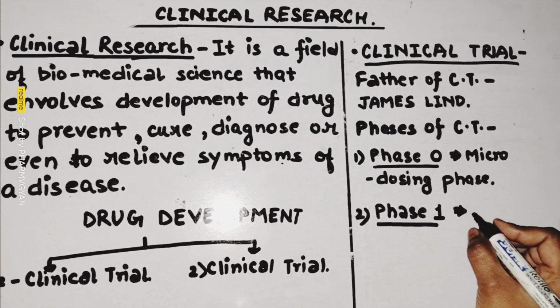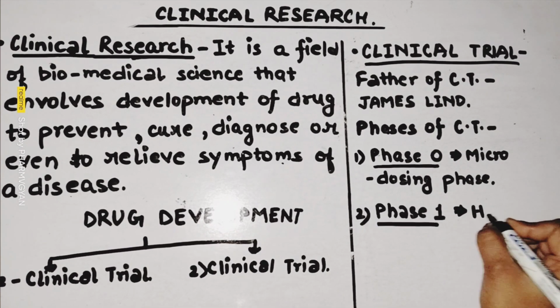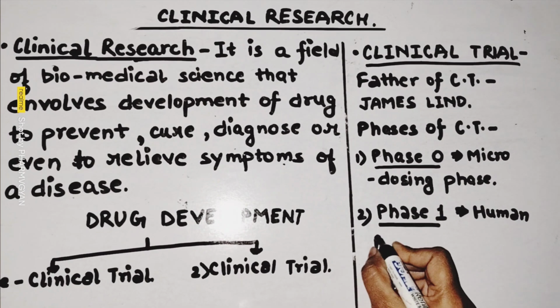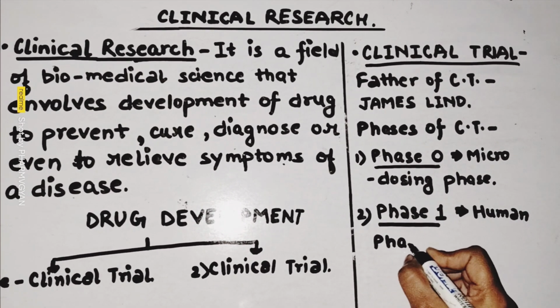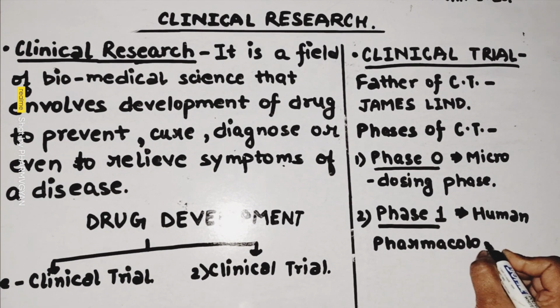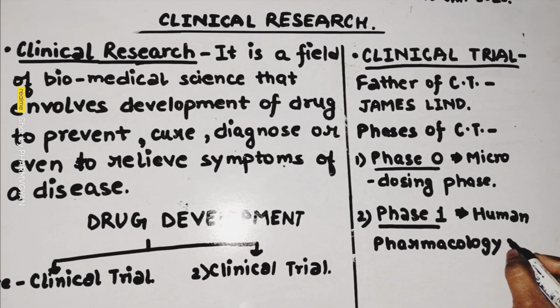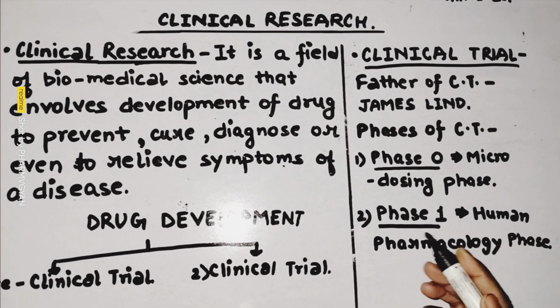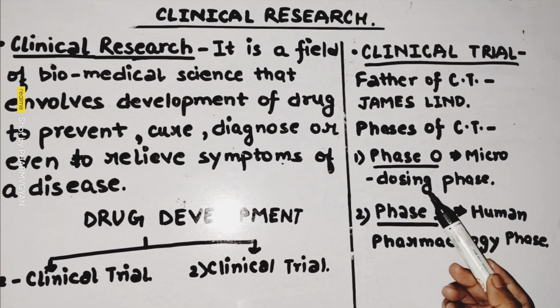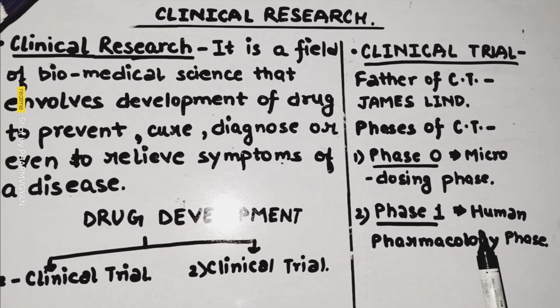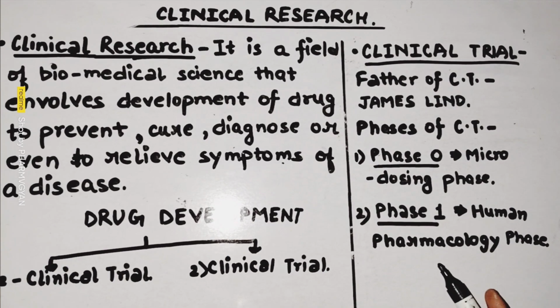Phase 1 is also known as human pharmacology phase. Phase 0 is known as microdosing phase. Phase 1 is known as human pharmacology phase.